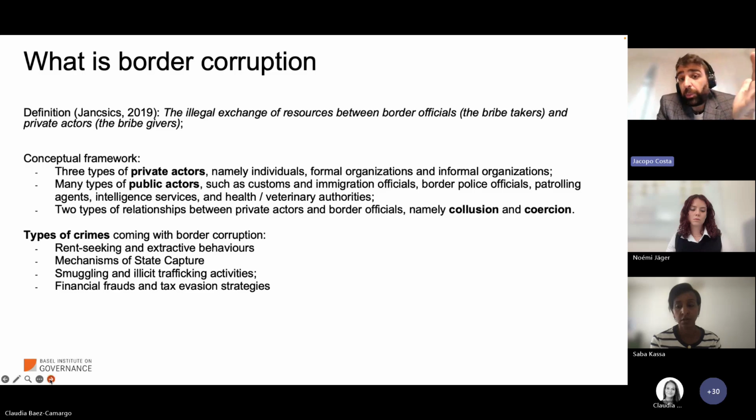The conceptual framework is quite easy. On one side, David identified three types of private actors: individuals, like citizens crossing the border every day, formal organizations, which are business organizations, and informal organizations, which are more criminal types of organization.